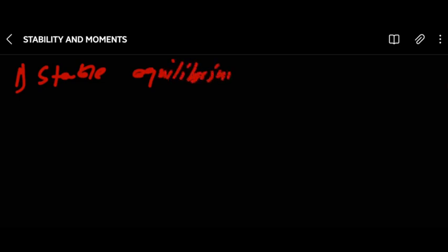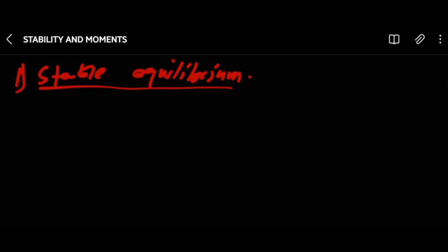Okay, so let's look at the first type of equilibrium, which is stable equilibrium. An object is said to be in a state of stable equilibrium if a slight push or pull does not cause it to topple over.